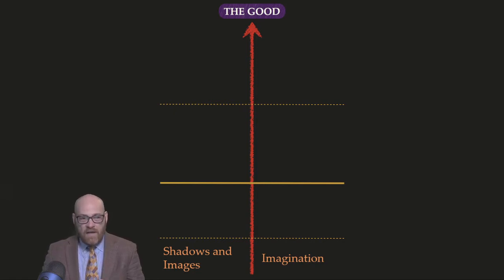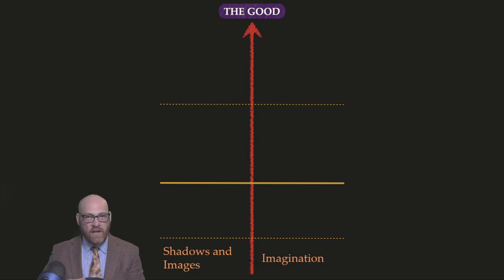So if you look at a painting of a chair, and you believe that that painting is real, it's not, because it doesn't even represent a chair because it doesn't have that which is essential to being a chair.